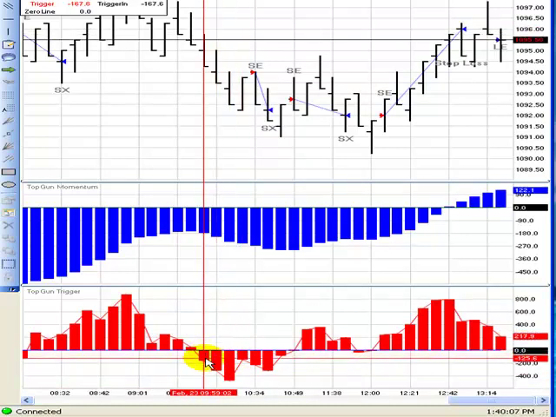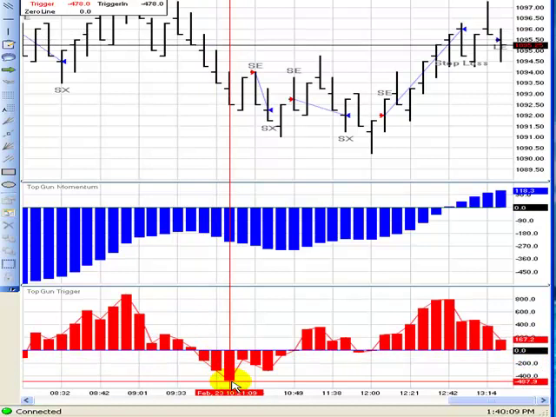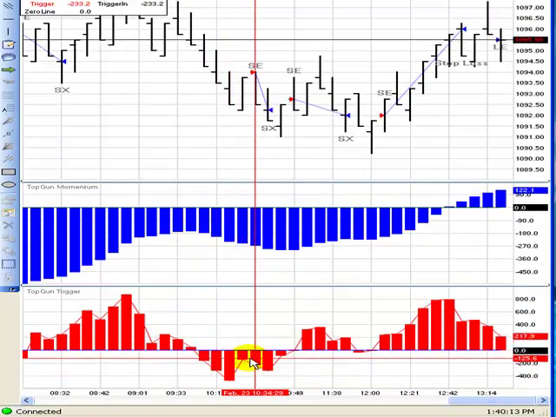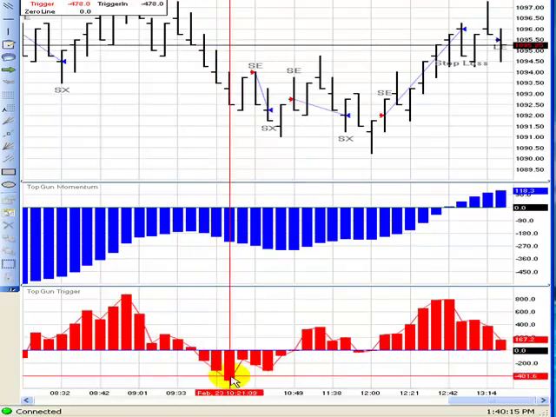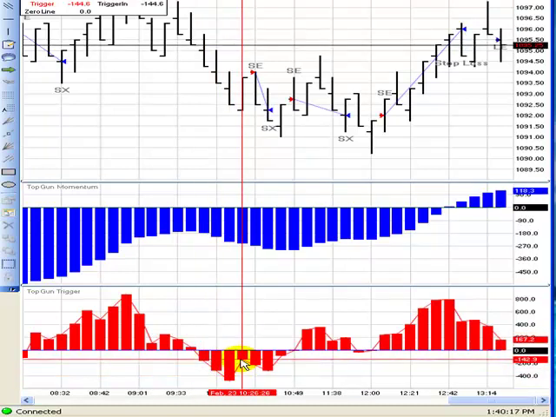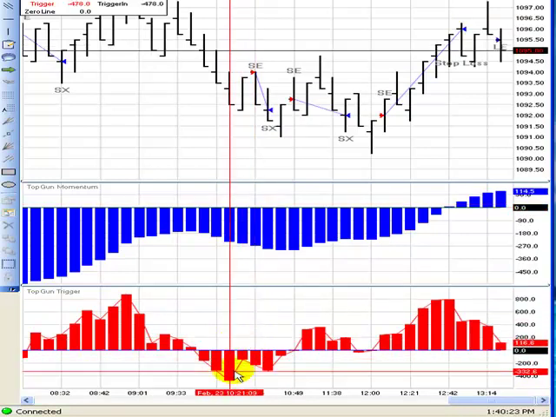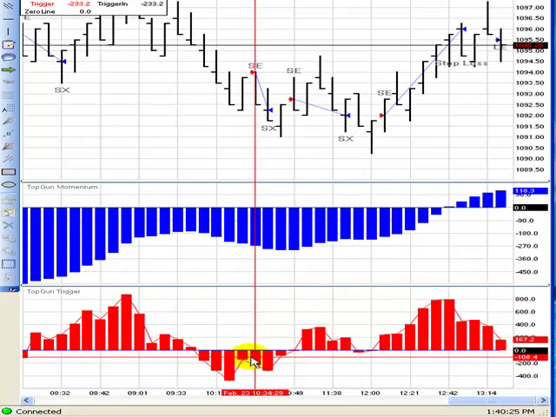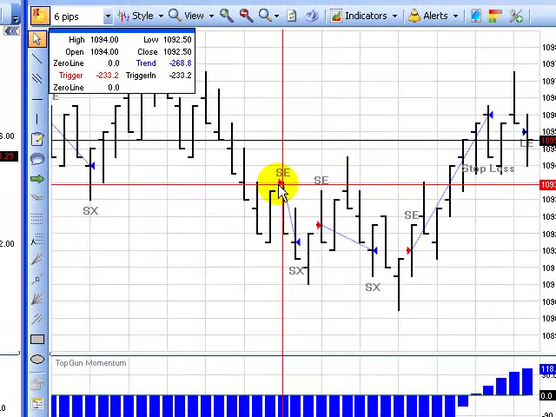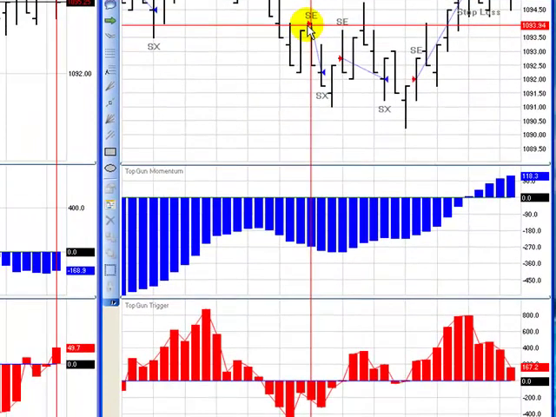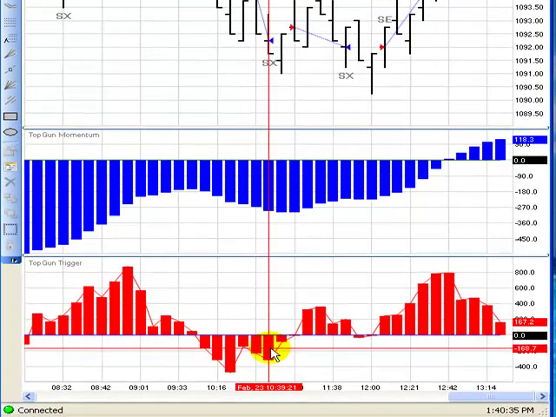So it's building more and more negative until it becomes less negative, and we get this little pyramid, this little triangle. Once we get the triangle, the next bar we are in the trade, and you'll notice that's exactly what happened. Right after we became less negative, we're now in the trade, the next bar, and we stay in the trade as long as we become less negative on our histogram down here.